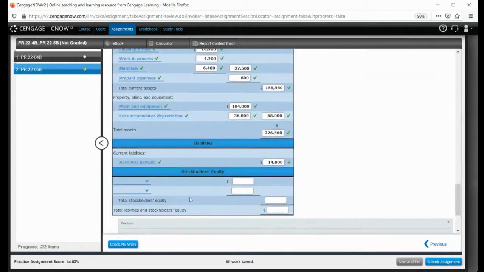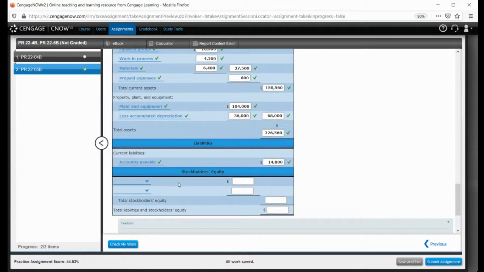The last section of a corporation's balance sheet has to do with what we call stockholders' equity. Now, in a corporation, stockholders own our company. And so that's why we're calling this stockholders' equity. You may not be that familiar with it because we're going to cover that in a future course.